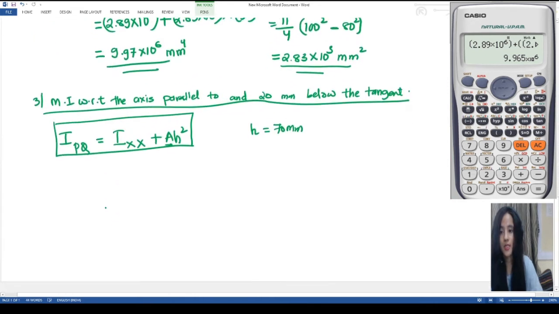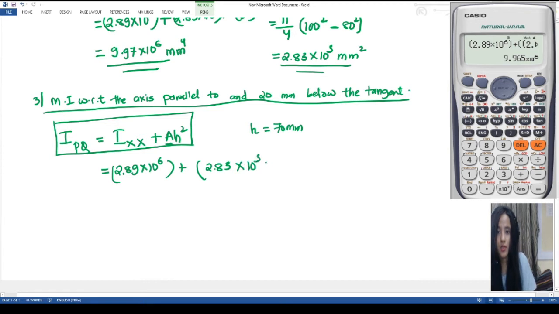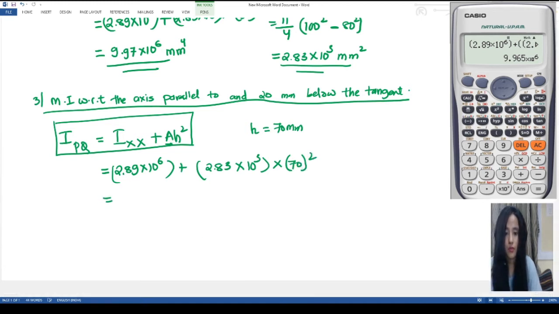Now Ixx was 2.89 into 10 raised to power 6 plus area was 2.83 into 10 raised to power 3 into 70 square. Let's solve it in a calculator again.